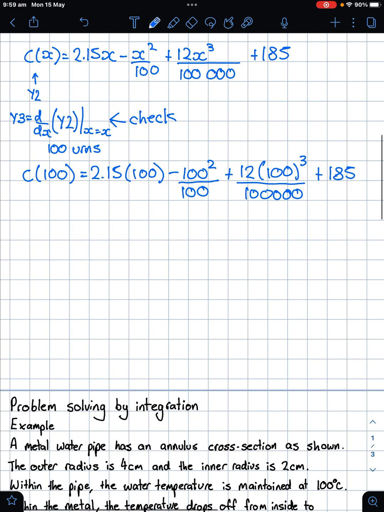So this becomes 215 minus 100 times 100 over 100.